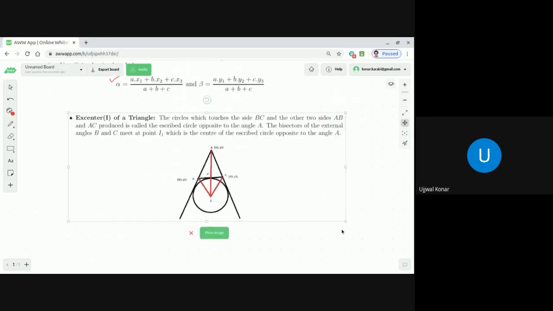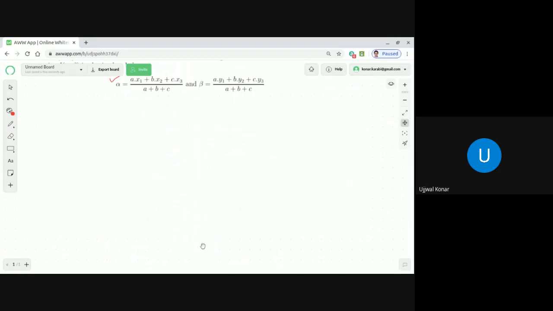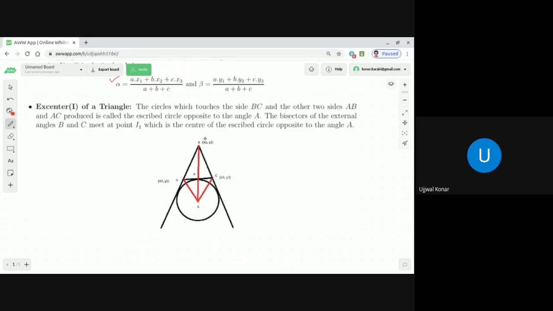First, let's concentrate on this triangle ABC. I hope all of you are able to view it. The coordinate of the point A is x1 comma y1. Confirm? Great. So this is the triangle ABC.